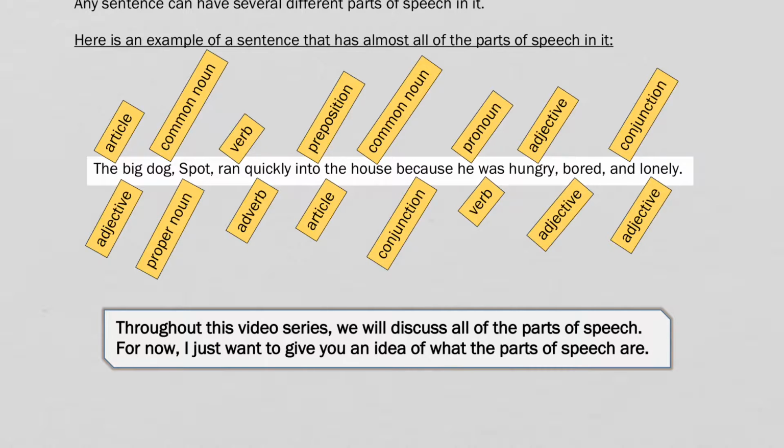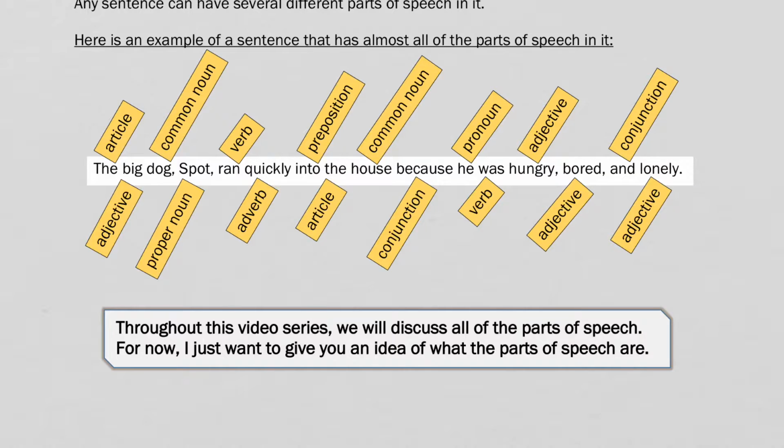He is a pronoun. He was hungry. Was is a verb. Hungry. Well, that describes him, right? We could say he was tall, he was smart. But we're not. We're saying he was hungry, bored, and lonely. So we actually have three adjectives. We've got hungry, bored, lonely.